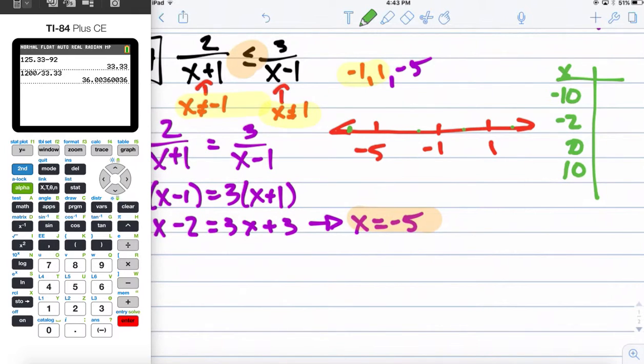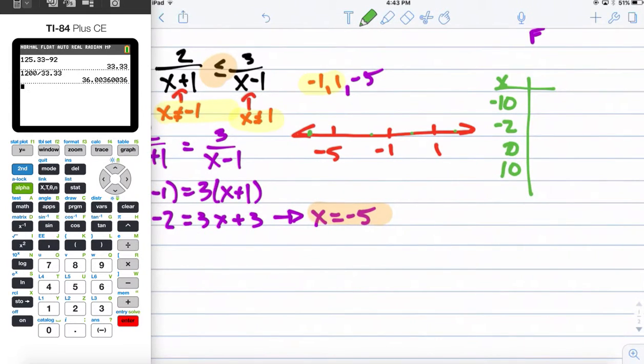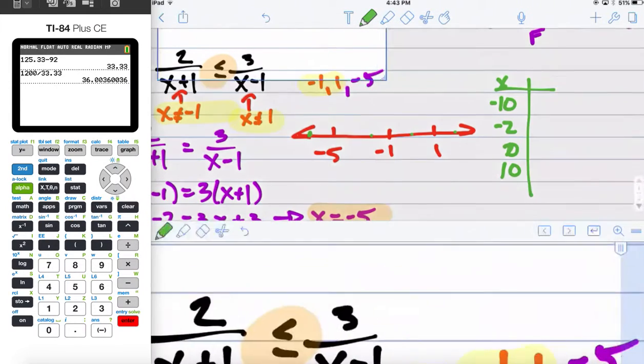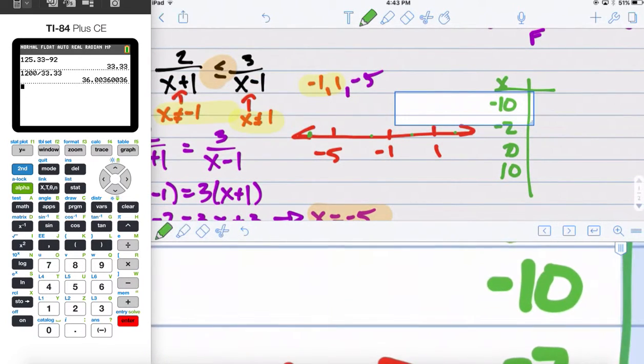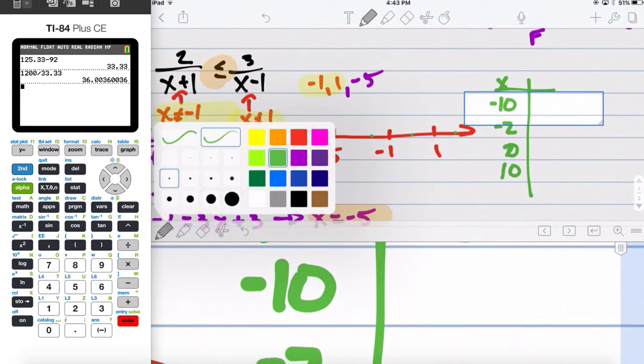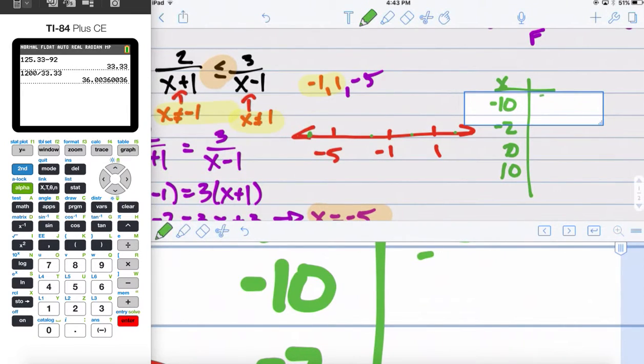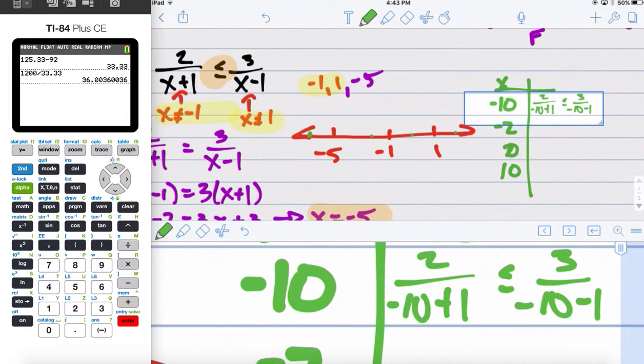Alright, so if I plug in negative 10, I'm checking to see if I have 2 over negative 10 plus 1 is less than or equal to 3 over negative 10 minus 1. We can check that here.